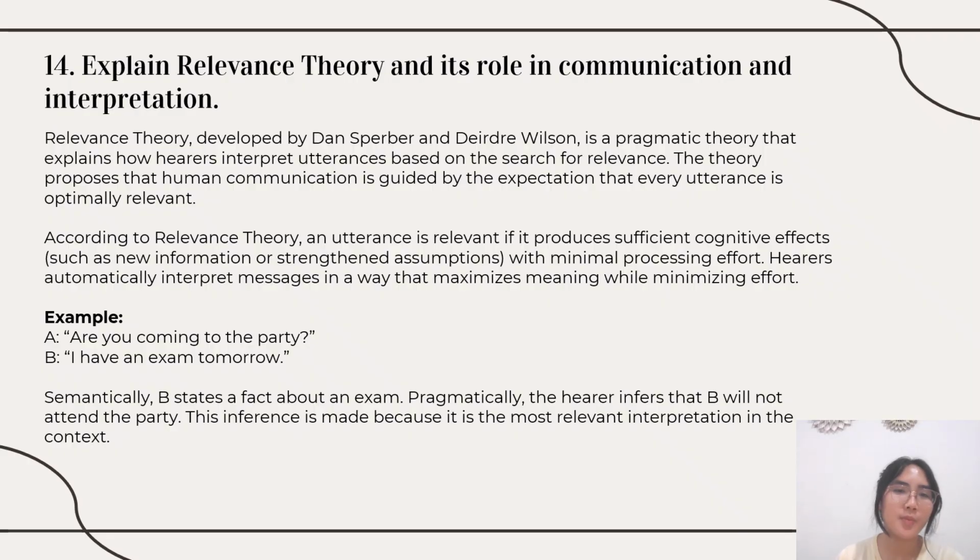The theory proposes that human communication is guided by the expectation that every utterance is optimally relevant. According to relevance theory, an utterance is relevant if it produces sufficient cognitive effects, such as new information or a strengthened assumption, with minimal processing effort.